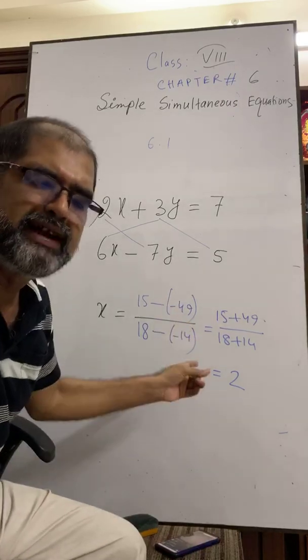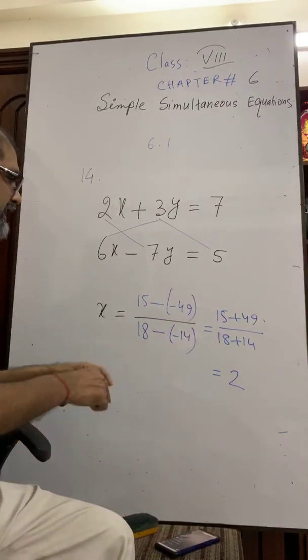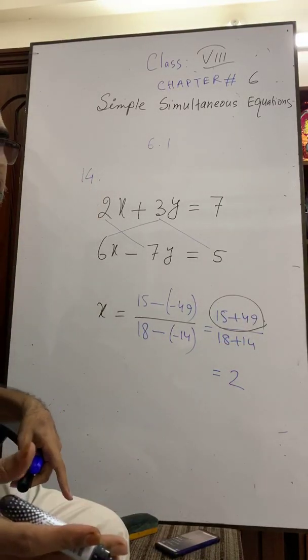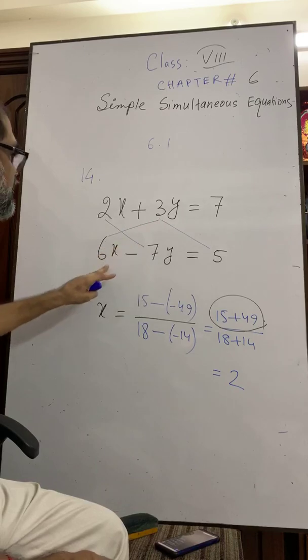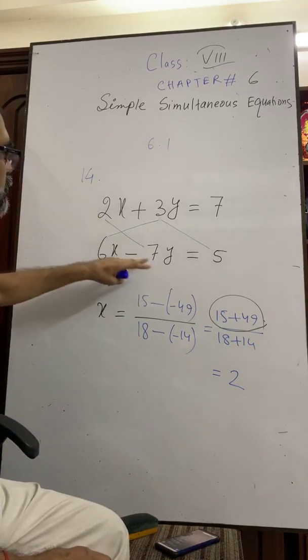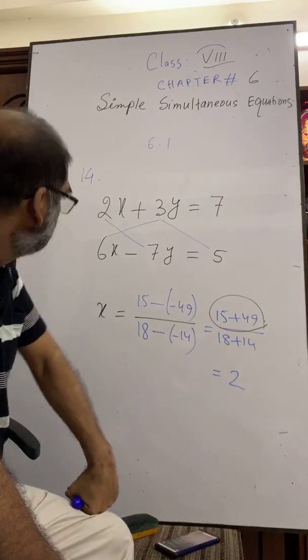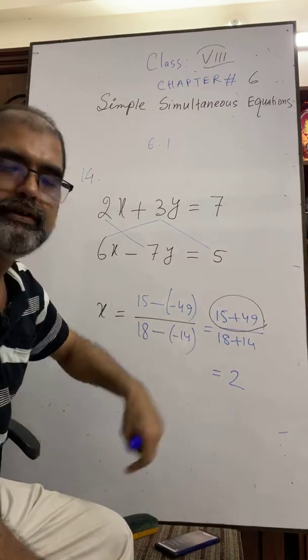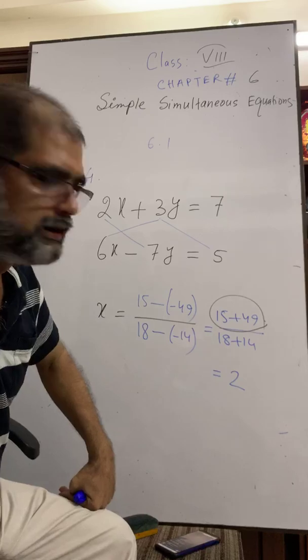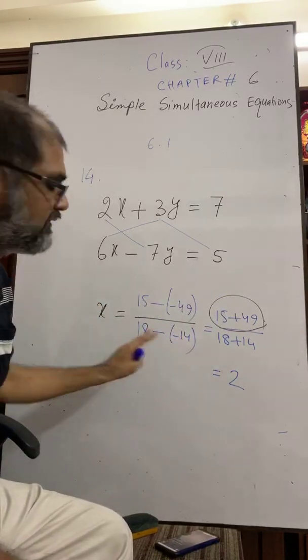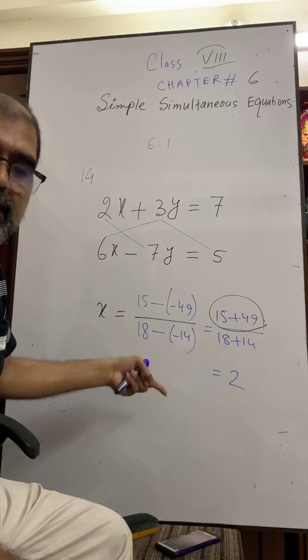That means 15 plus 49. You will calculate this by yourself. And by the same, 3 into 6, 18. 2 into minus 7, that is minus 14. So it will be added. So 14 and 18, they make 32. 64 by 32 equals to 2. Now it is easy for you to find the value of y, as you know the value of x is 2.